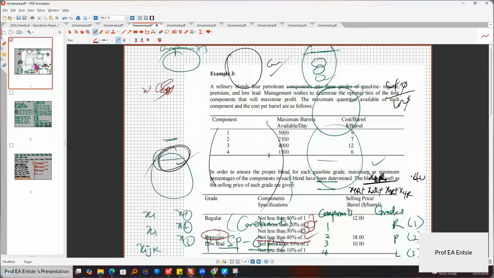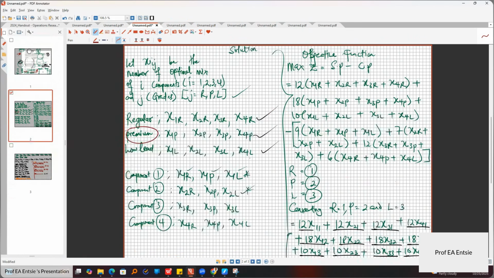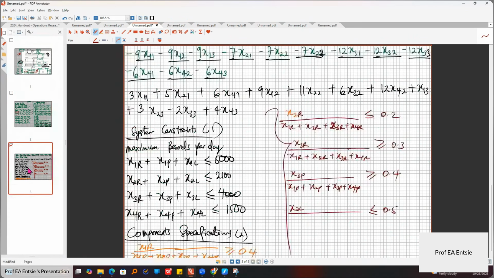So it should be less than or equal to 0.5, half. Then what is the blend of low lead? All is here. This one, low lead. So I have X1L plus X2L plus X3L plus X4L.